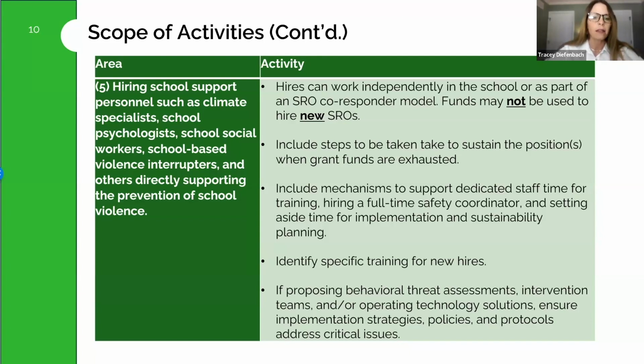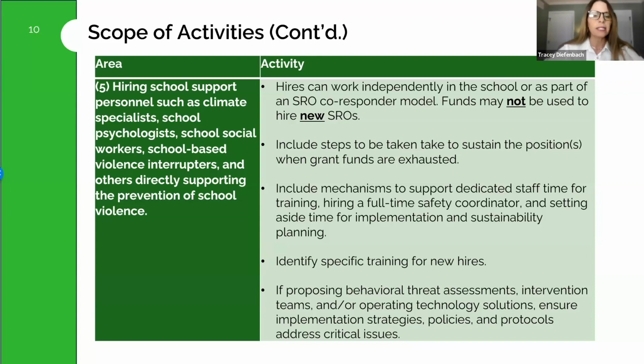Now, this means that if an applicant is seeking funds for overtime pay for existing school resource officers, there must be justification within the appropriate sections of the narrative and budget justification proving that these duties and tasks to be performed are directly related to the project and are above and beyond their normal responsibilities.